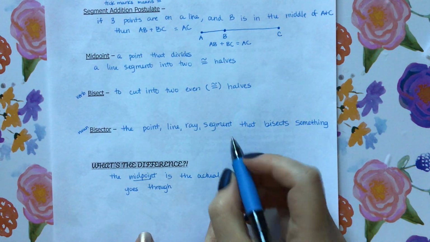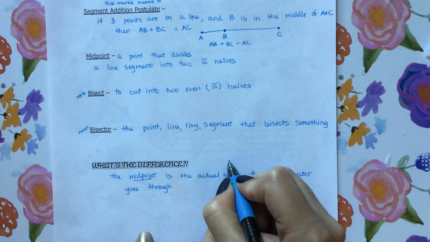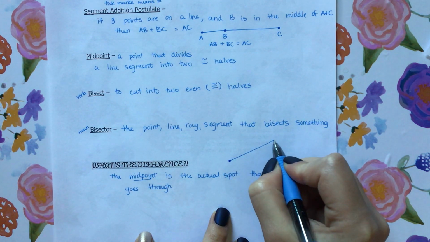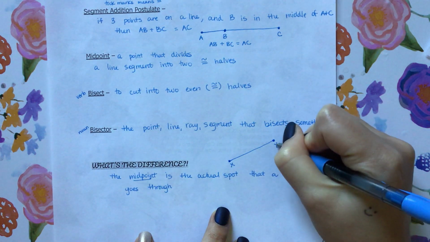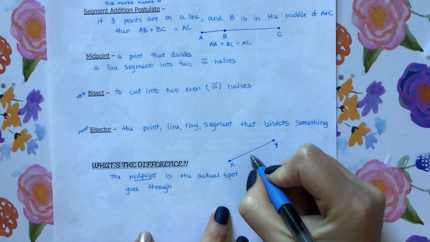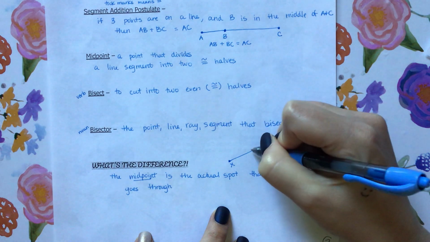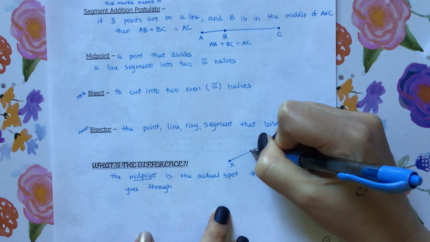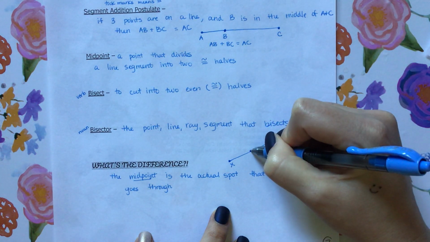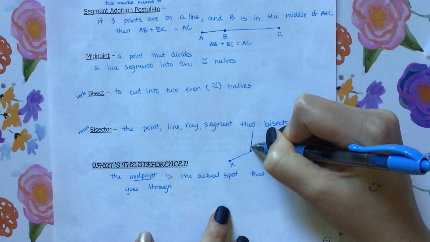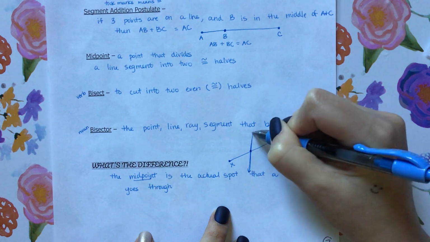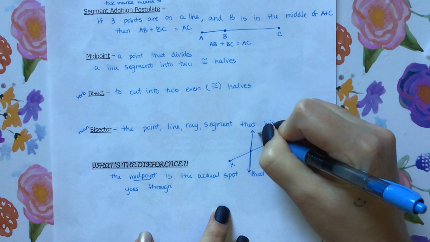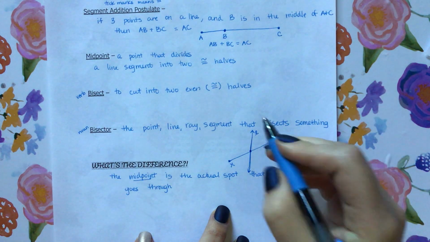So that would look like this. If we had, say, line segment XY down here, and let's say that we have a ray, and it doesn't have to be perpendicular to it. It could go through it like this. And I'll just call that line L, whatever.